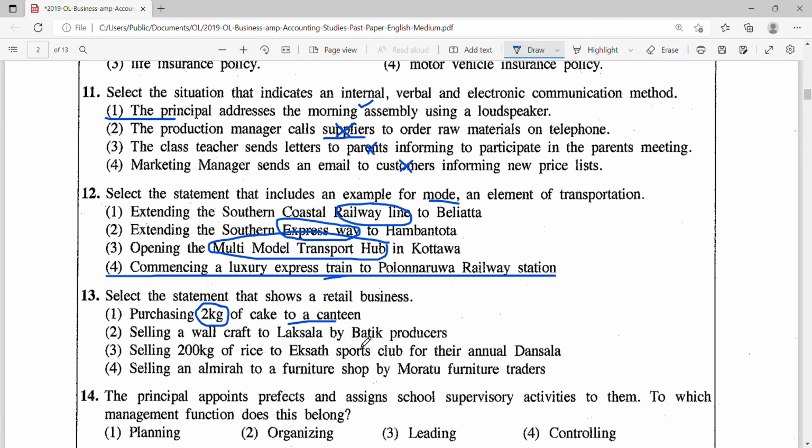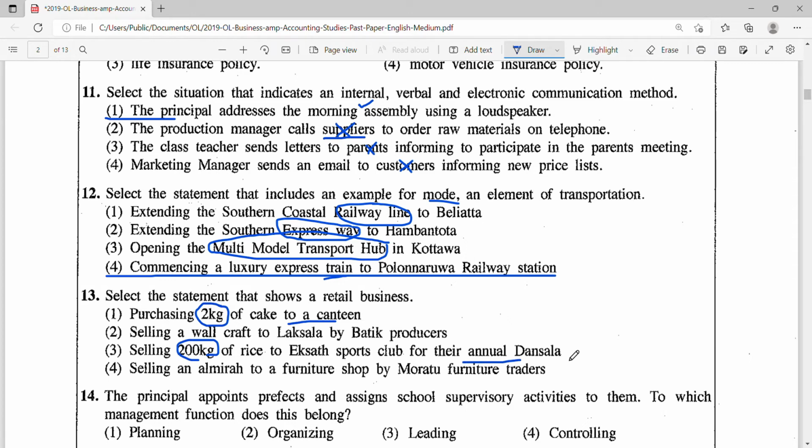Again, batik producers have sold the wall craft to Luxella, not for final consumption, but indicating resale. Selling 200 kg of rice to Exat Sports Club for their annual Dansala. Now here quantity is big, but it has been sold for final consumption.